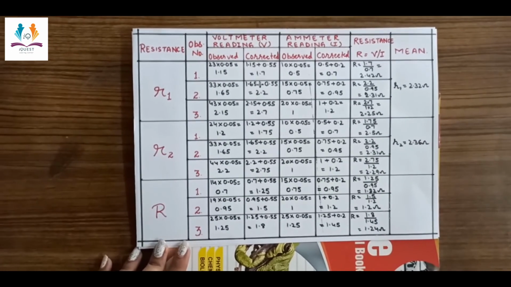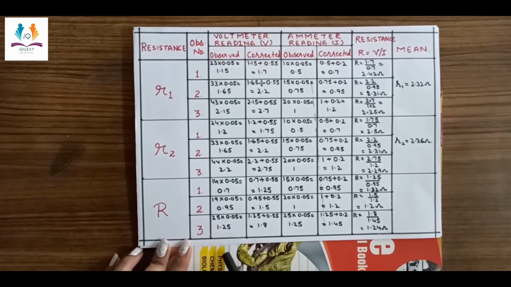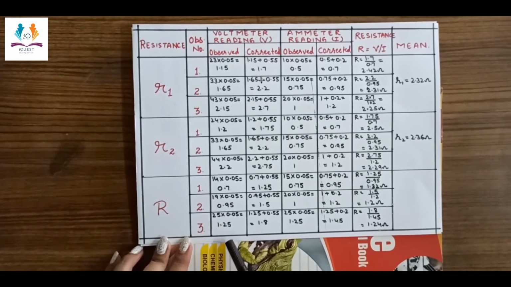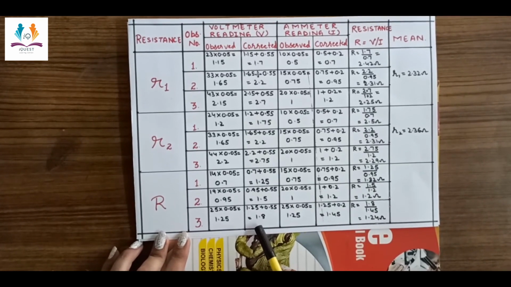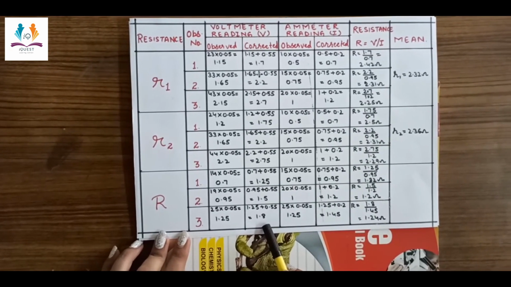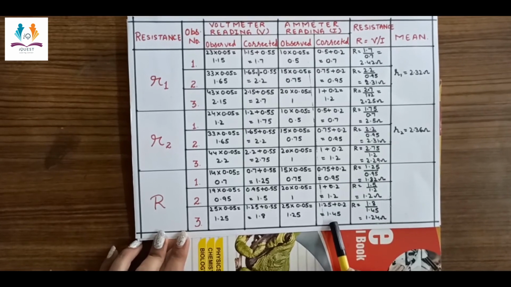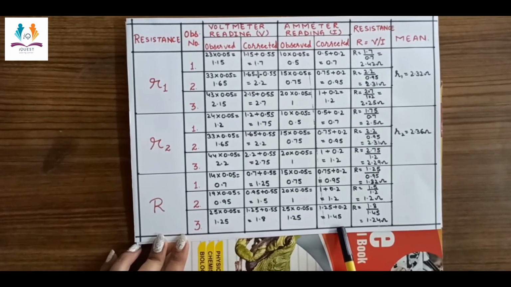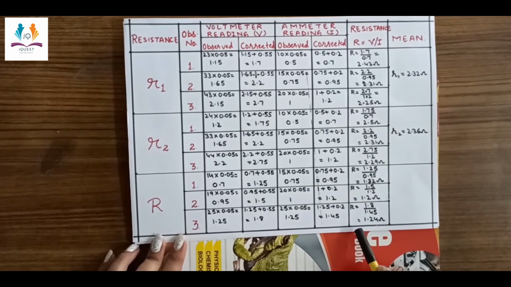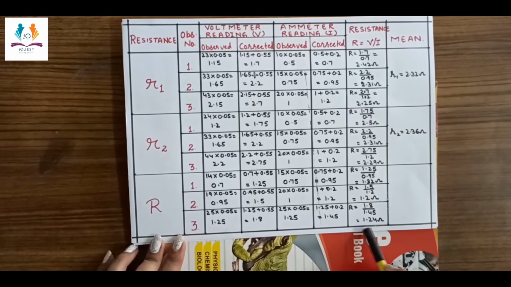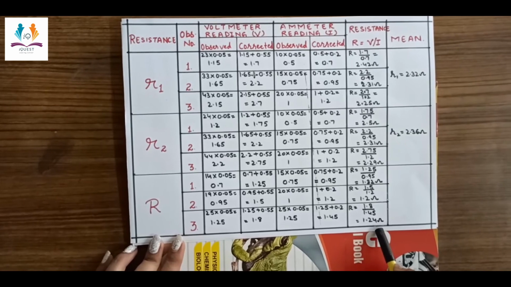Now in the same way we have done the calculation for the third observation, by which we have got the value of the voltage equal to 1.8 volts and the value of the current is 1.45 ampere. When I use the formula to calculate the resistance, then I will get 1.24 ohms resistance.